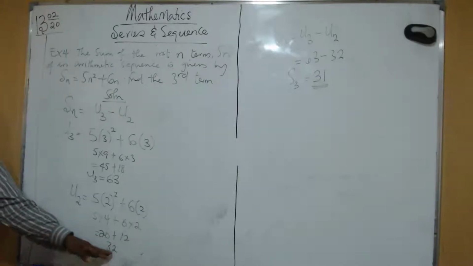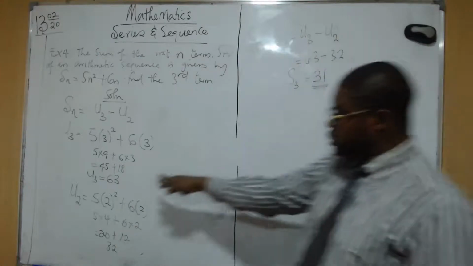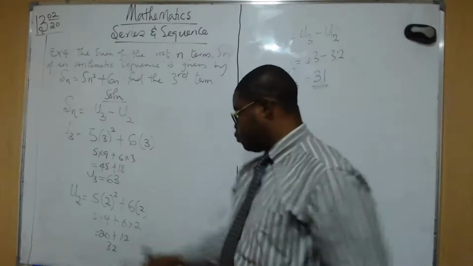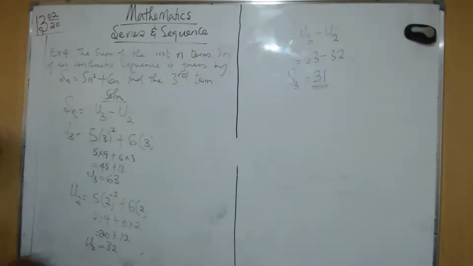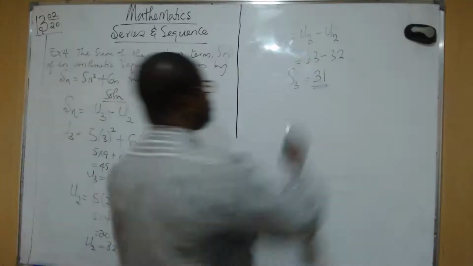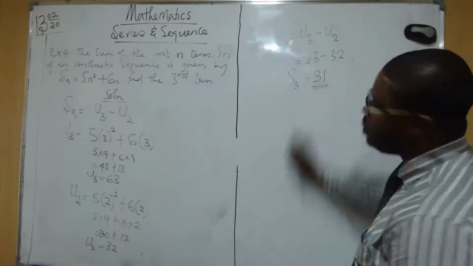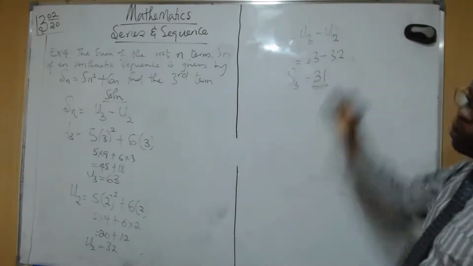So adding that together, we have 32, the sum of the first two terms. And for the third, we have 63. So 63 minus 32 will give us 31.